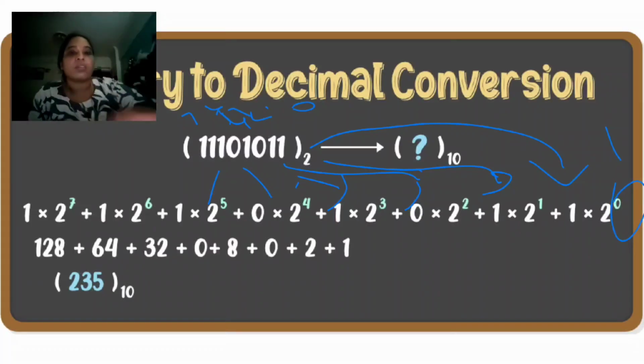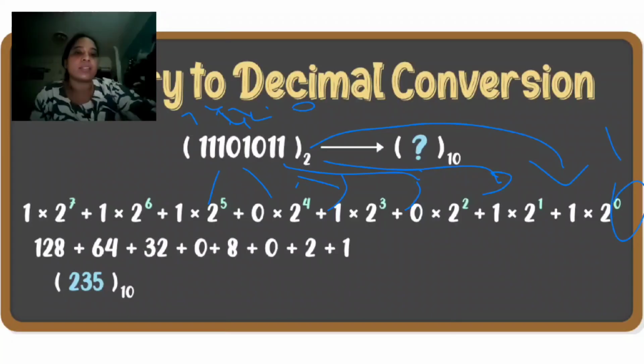Now we can calculate: 2 power 7 is 128, 2 power 6 is 64, and 2 power 5 is 32. Then 2 power 4 multiplied with 0 gives 0. If you multiply with 0, you get 0 only.